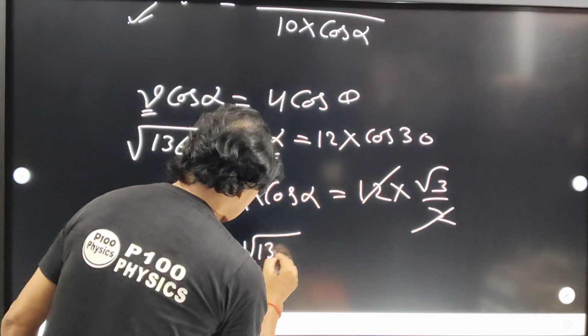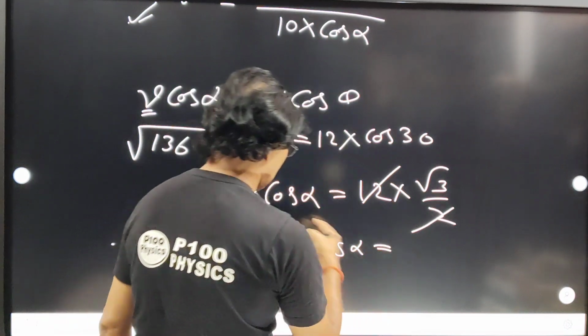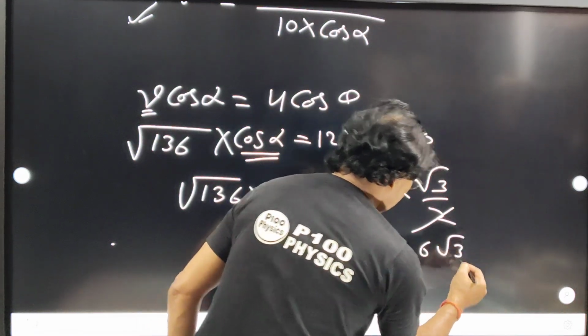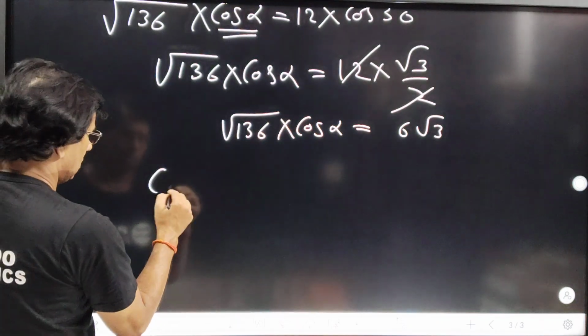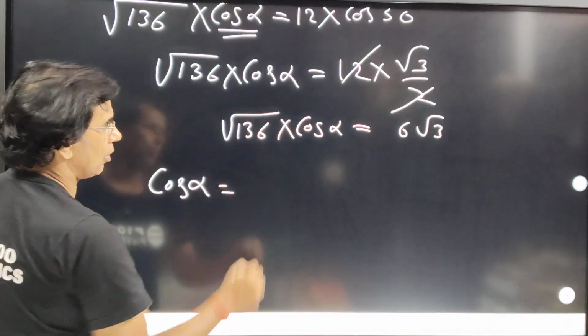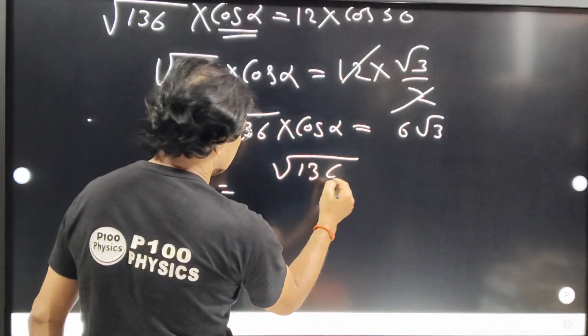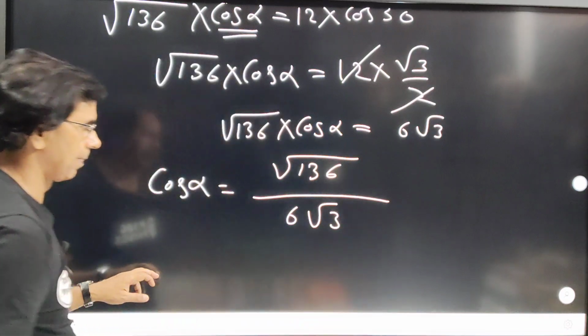Root 136 into cos alpha equals 6 root 3. Now you can write cos alpha equals root 136 upon 6 root 3.